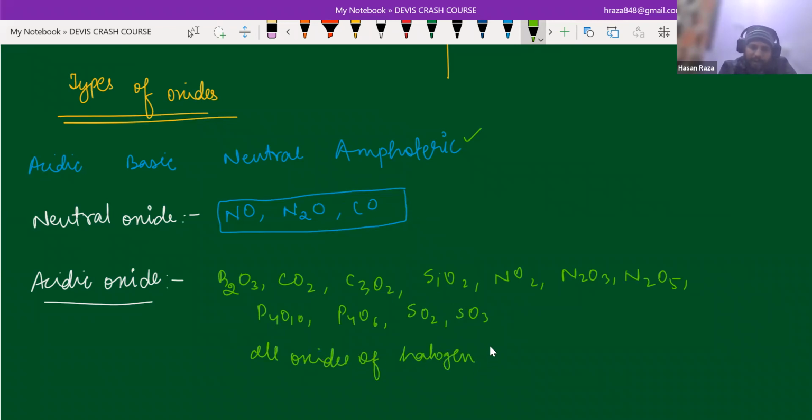So we can write that all non-metal oxides are acidic in nature, except amphoteric, except neutral oxide.